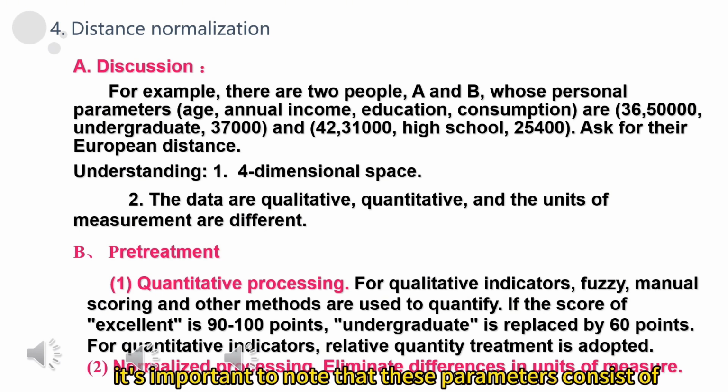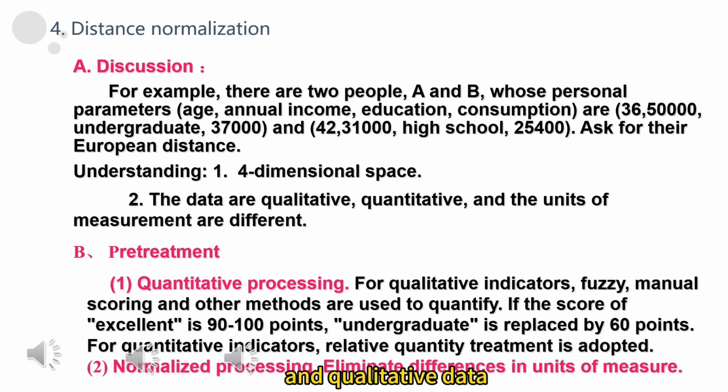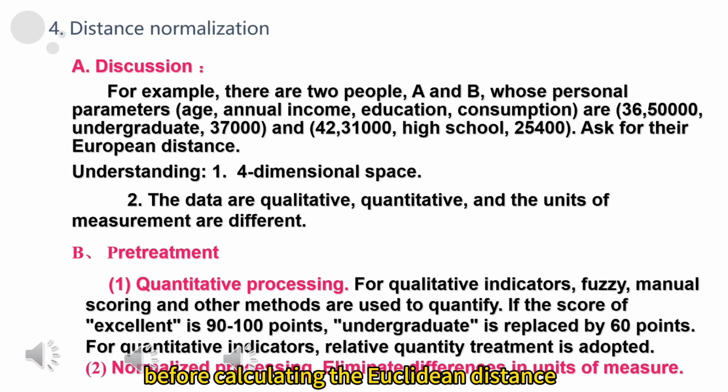It's important to note that these parameters consist of both quantitative and qualitative data. They are measured in different units. To process this data, we need to perform certain steps before calculating the Euclidean distance.